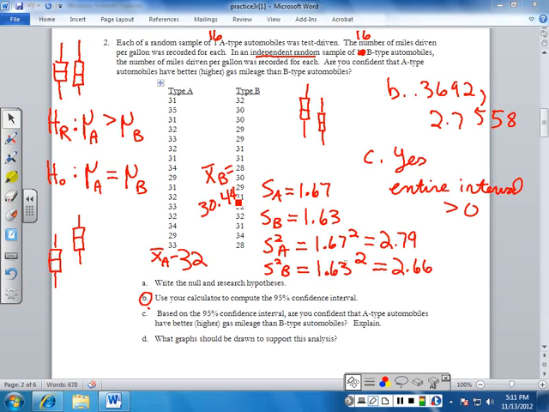And then when I put into this formula, I'm going to put the variances, the ones that I squared, the 2.79 times NA minus 1. I'm just going to put 15 there. Plus, then the 2.66 times 15. All of that over NA plus NB minus 2, which is 30. And then 1 over 16 plus 1 over 16.